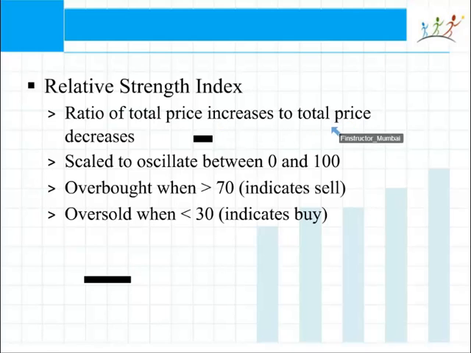That means there are more sellers than buyers. Again, the technical analyst will use this as a contra indicator and will conclude that the market is oversold. If it is oversold, he will buy into the weakness. So this is the relative strength index.